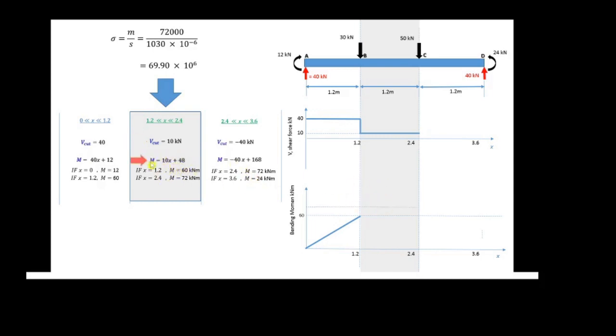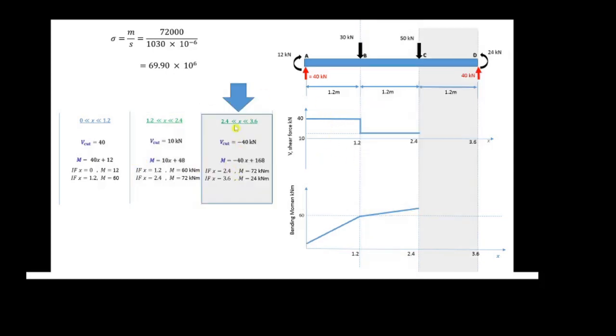We have a linear equation. At the point 1.2 we get 60 kilonewton meter. At the x value of 2.4, you can get 72 kilonewton meter at this point.